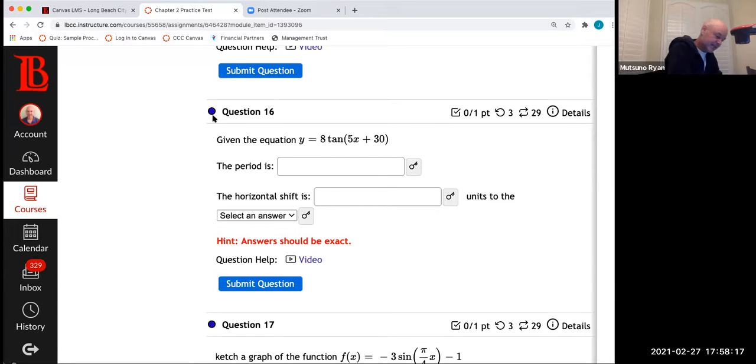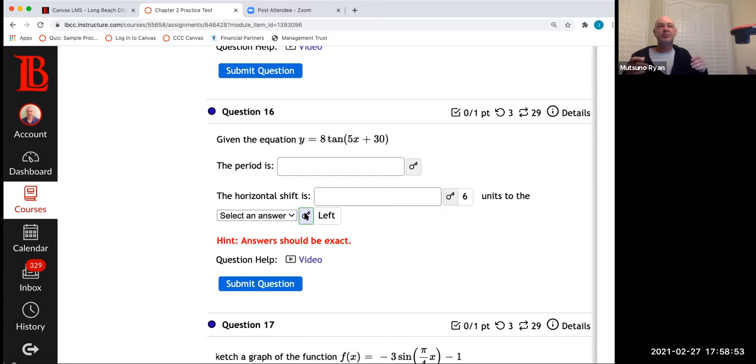I'm going to rewrite this slightly so it's a little easier to see what B is and also the phase shift. Okay. So for tangent, period is just pi over B.